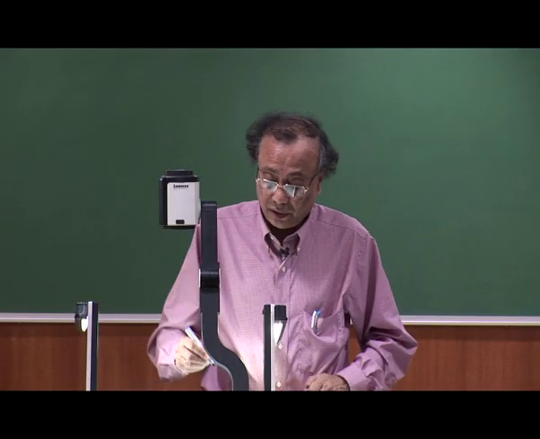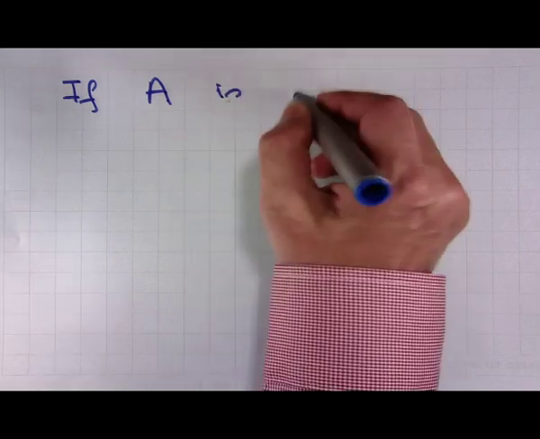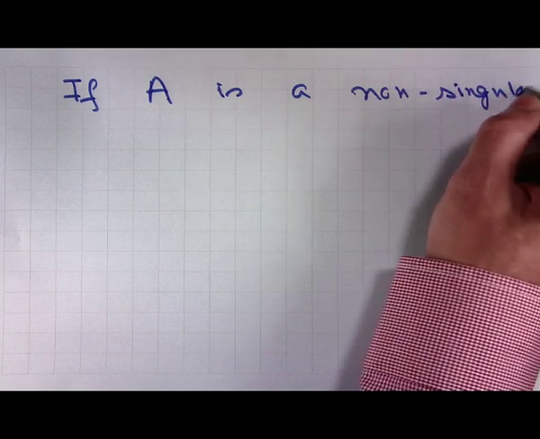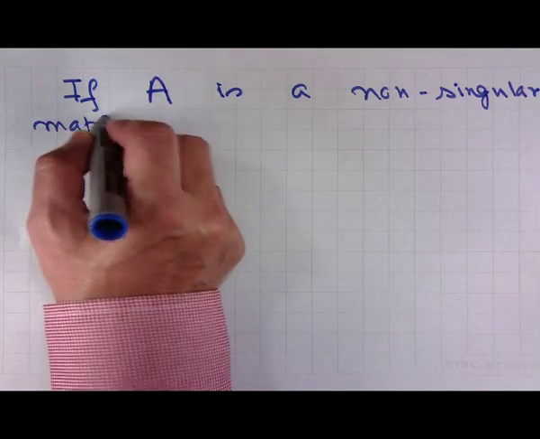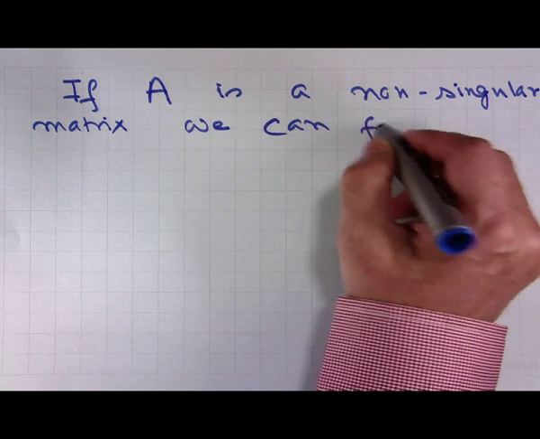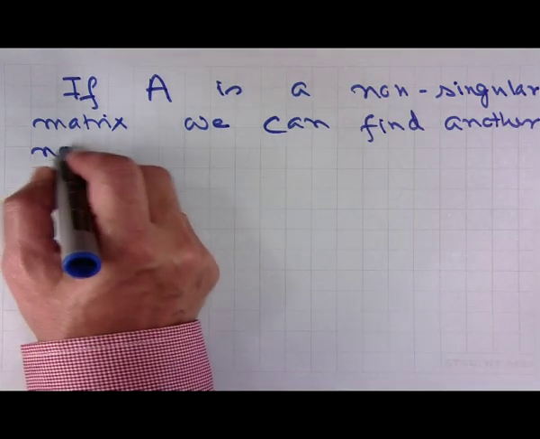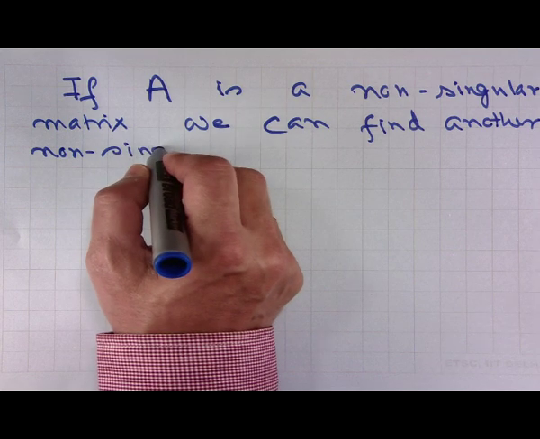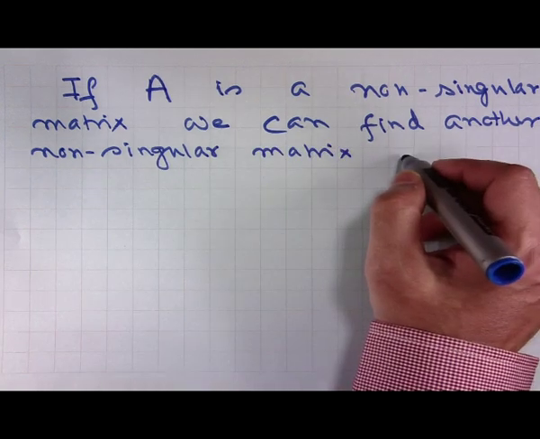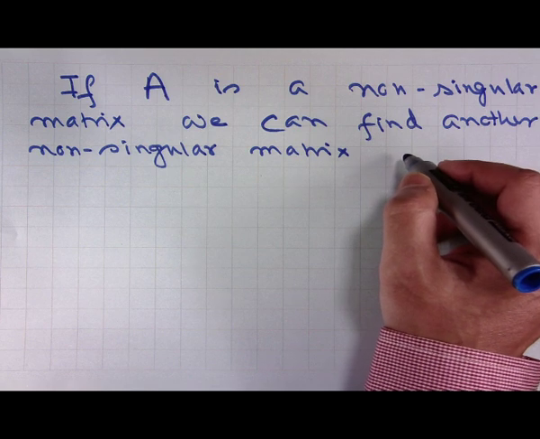So, if A is a non-singular matrix, we can find another non-singular matrix B. Actually both of them are square matrices, because we are talking about their determinants.